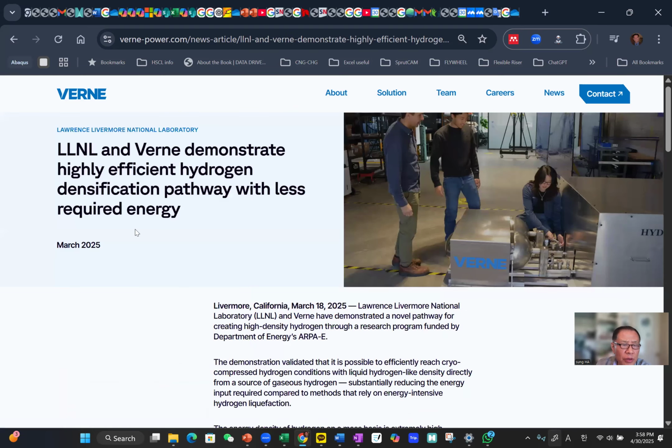Livermore National Lab in California and Bonnet demonstrate a highly efficient hydrogen densification pathway with less required energy, which is an important point. As explained in the video, I will get back to that video again.